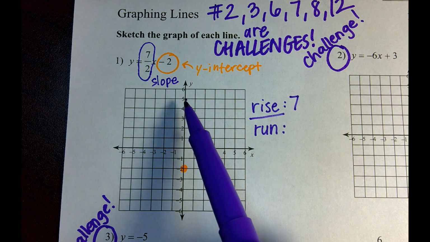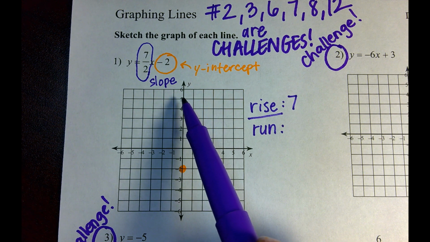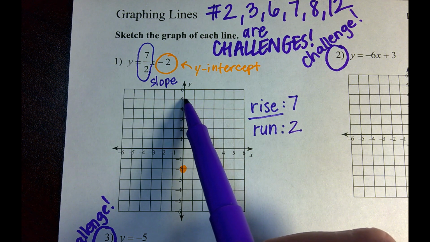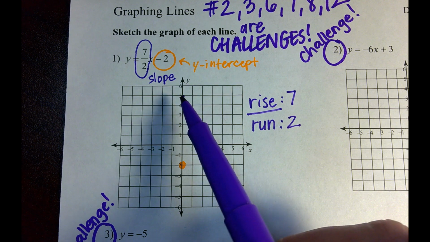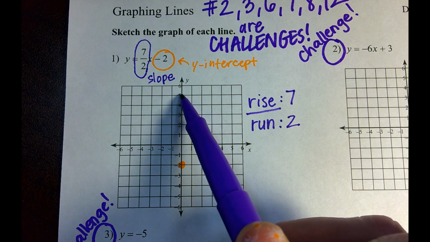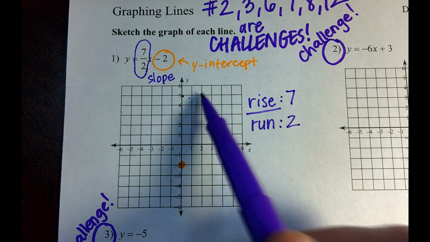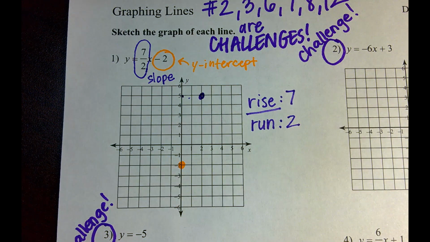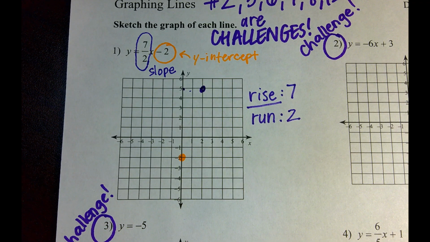So that's how high up I go. I go up to 5. And what's my run? 2. So for run, I'm going either left or right. Right. Good. So I'm going to go to the right. 1, 2. Right here. Okay. So there's my 2 points.